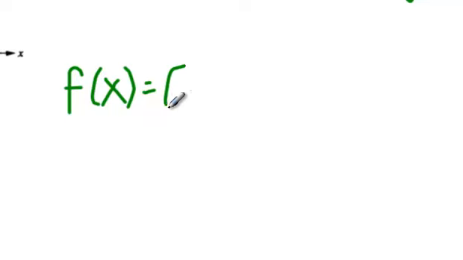We won't be using it a whole bunch, but you will see it in calculus. So I want you all to get used to seeing it. Okay? And basically all that is saying is it's the greatest integer that is less than or equal to x.